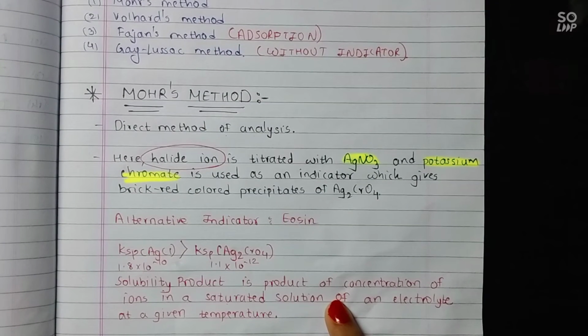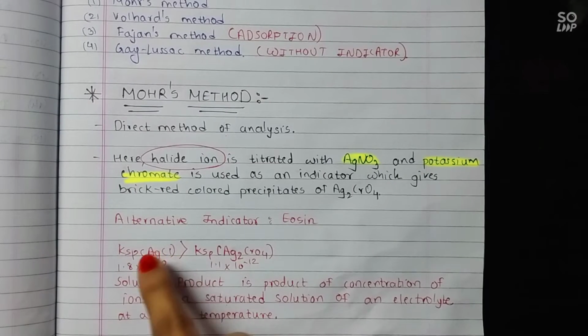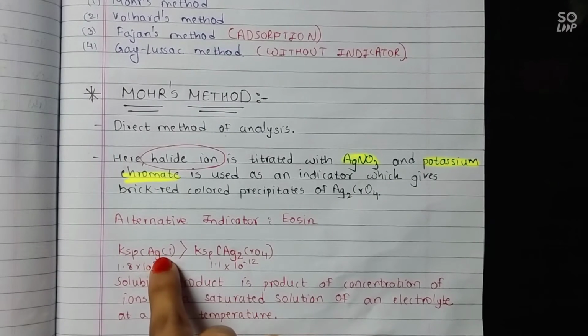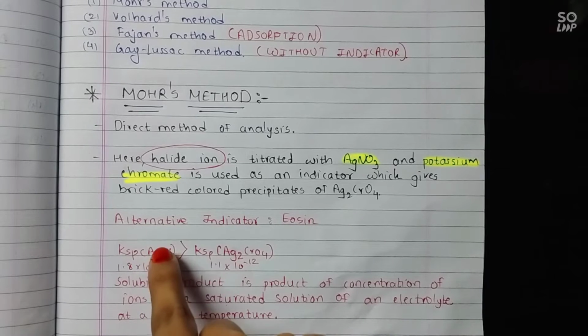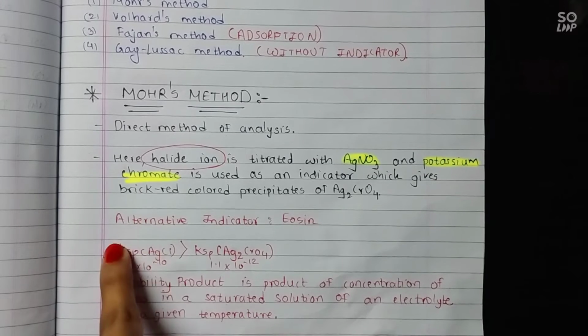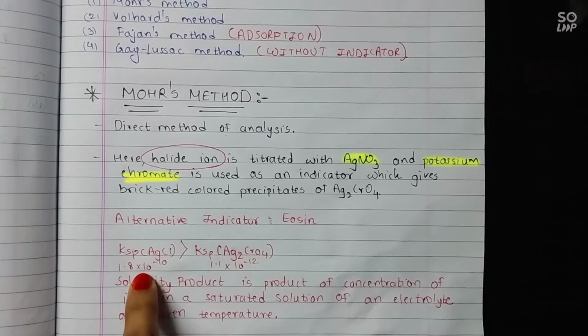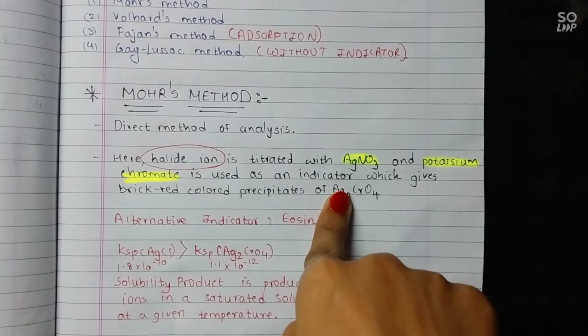So if I have a solution in which I have ions, in this case AgCl, silver chloride, the product of the Ag+ ions and Cl- ions gives me the solubility product, called KSP.